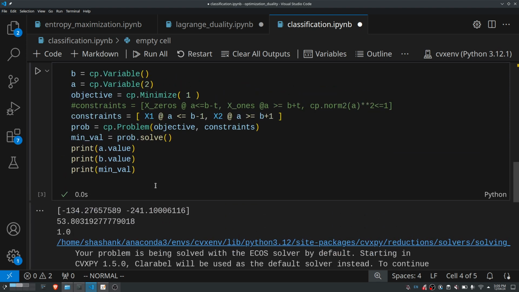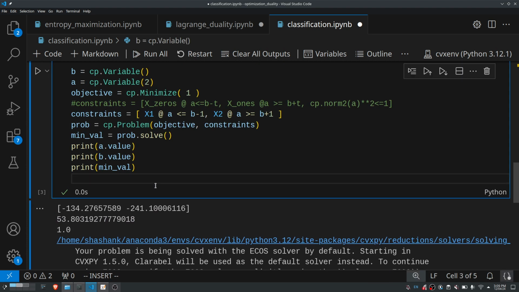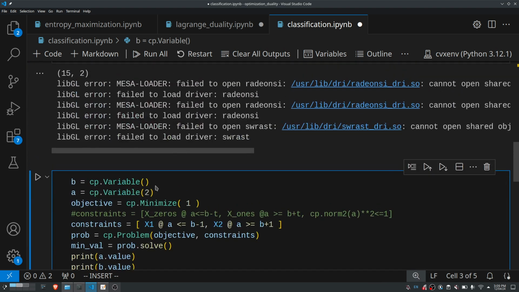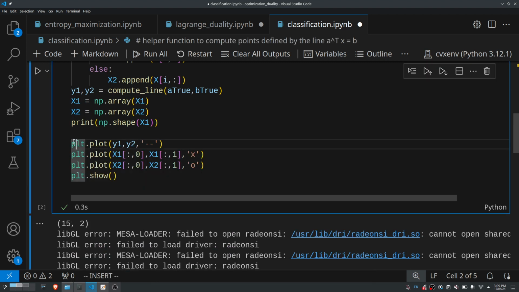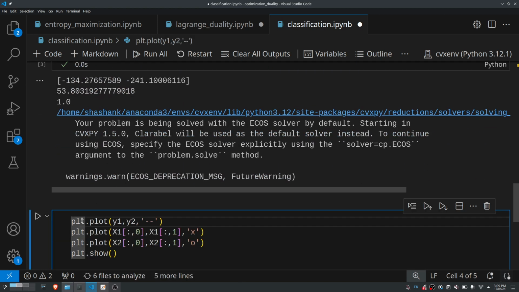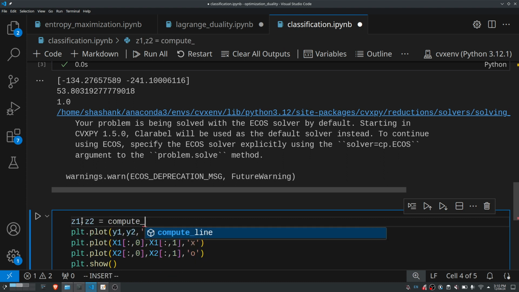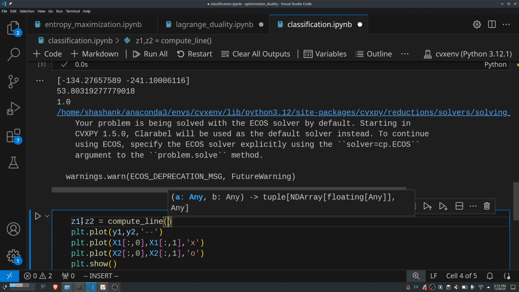And I get some solution. Let me try to see what the solution looks like. For this, I'll plot the same set of points along with the hyperplane that I obtained by solving it using CVXPY.